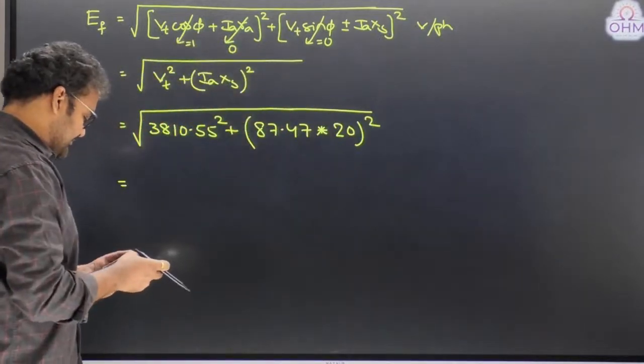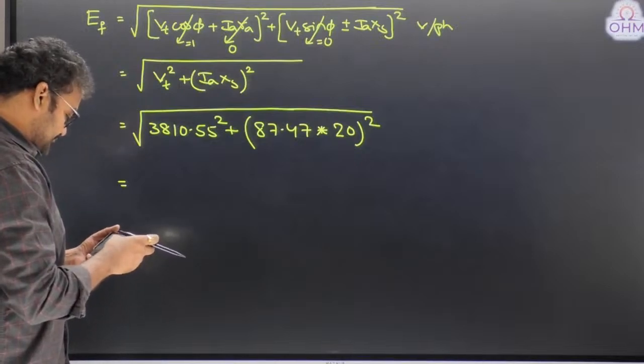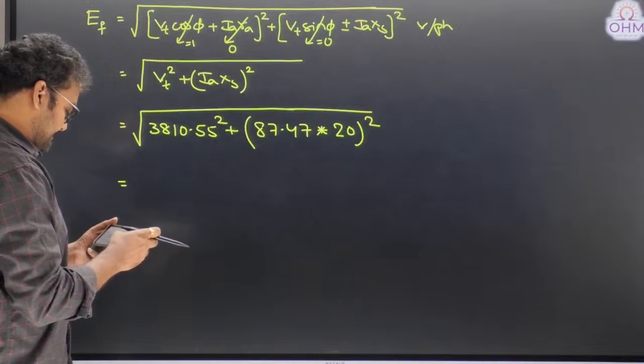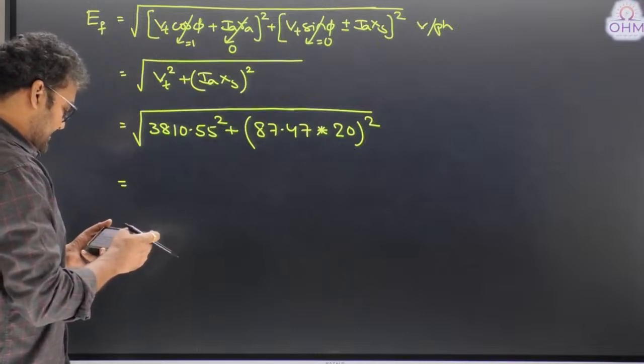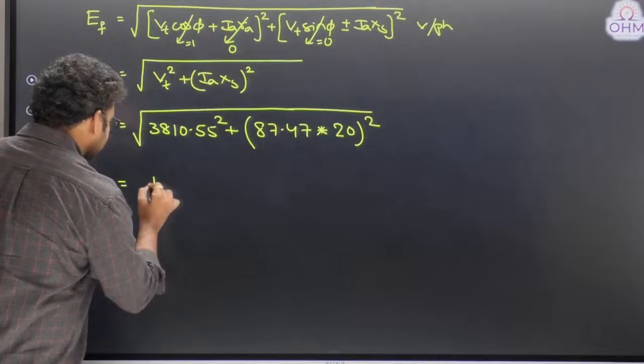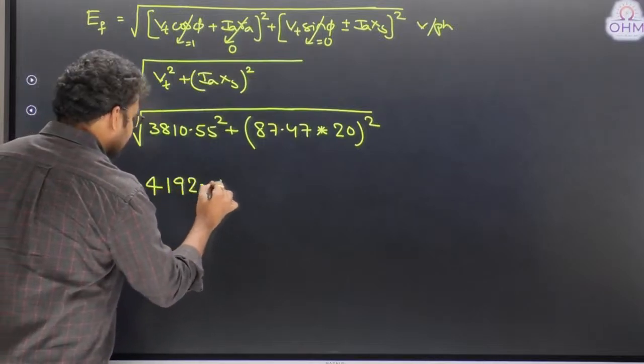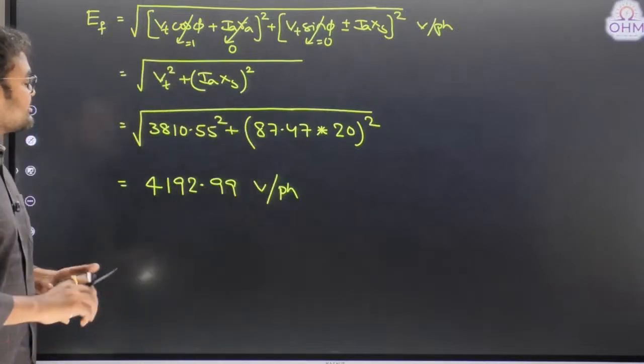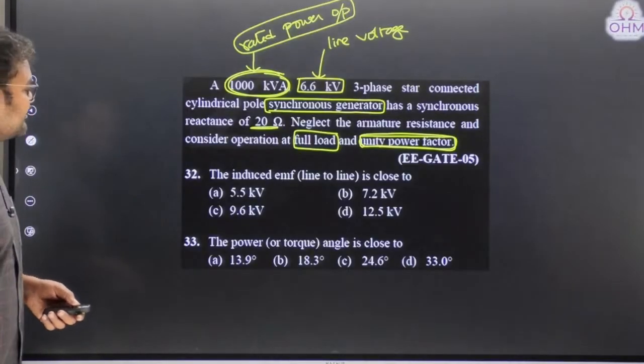Okay, so let me do it. Okay, I'm getting 4192.99 volt per phase. But the question is to calculate phase voltage or line voltage.